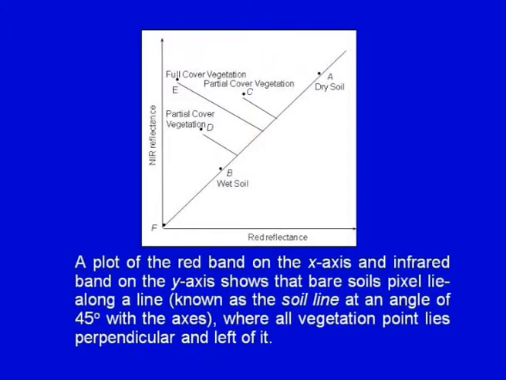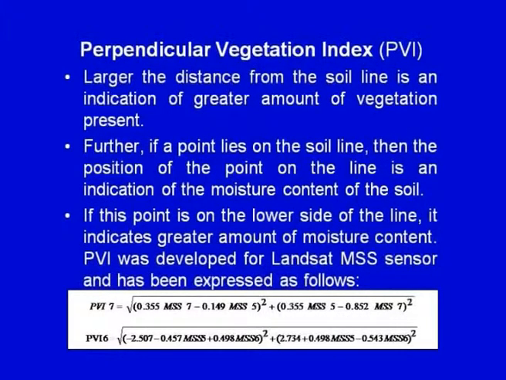In a plot of the red band on the x axis and the infrared band on the y axis, the bare pixels lie along a line known as the soil line at an angle of 45 degrees to the respective axes, where all vegetation points lie perpendicular to it and to its left. The larger the distance from the soil line, the greater the amount of vegetation present.